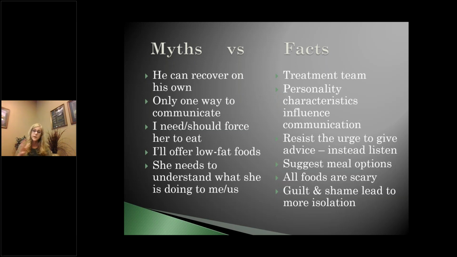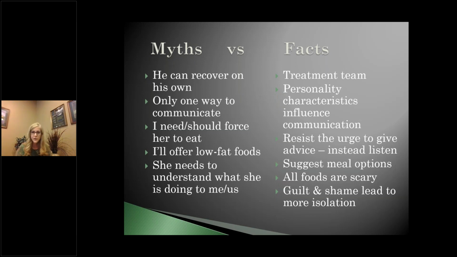Suggesting meal options goes along with the idea that all foods are scary. When the dietitian has given you a meal plan for your loved one, and has worked with you on it, or with a spouse, it's important for you to understand that all foods are scary. So you shouldn't ask your loved one, well, what do you want to eat tonight? Because their answer is going to be nothing.